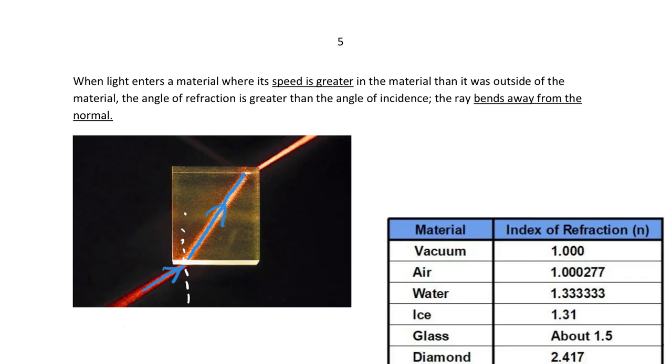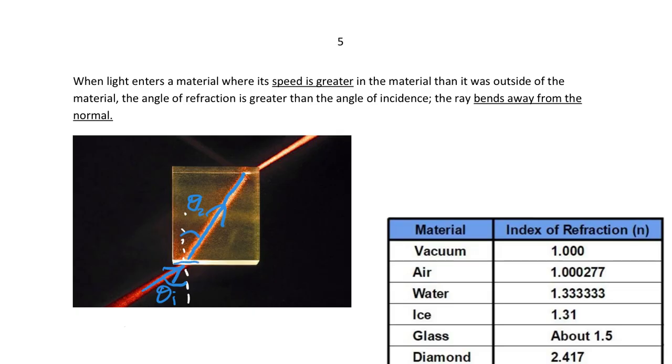So we can say that here's the angle of refraction, and here's the angle of incidence right here. Remember, all angles are measured from the normal, the perpendicular to the boundary.